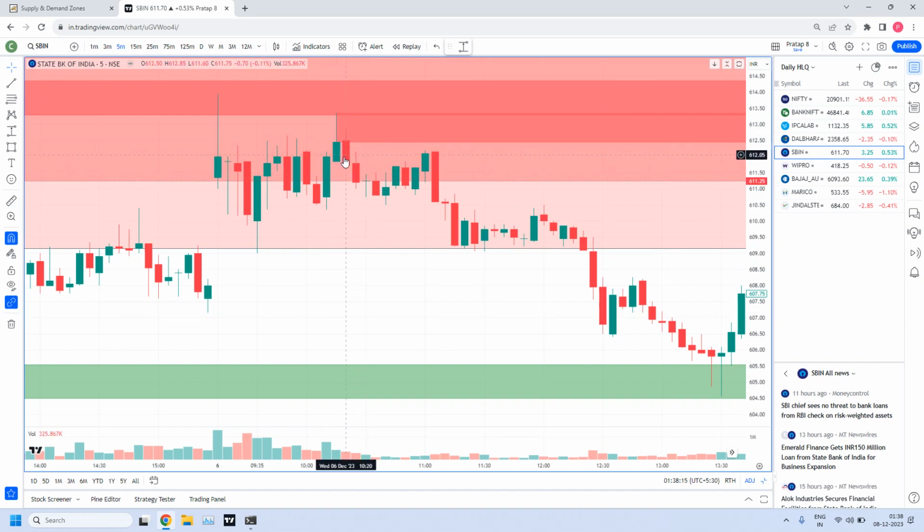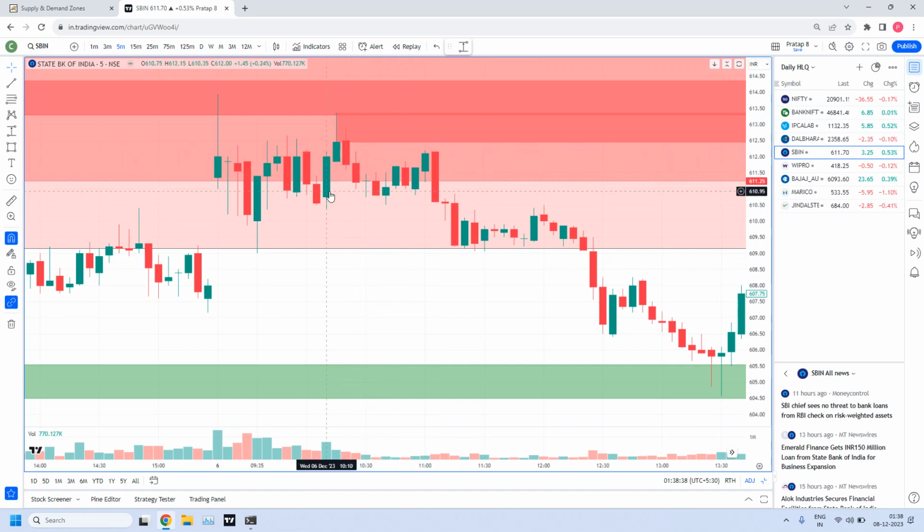Maybe you are a beginner, you reject this zone because the leg out is not very great. But as an experienced person, you don't reject this leg out because there is a follow through candle. You consider both the candles together and you will accept this as a leg out. That kind of understanding is important. At the time of learning, you don't really bother.